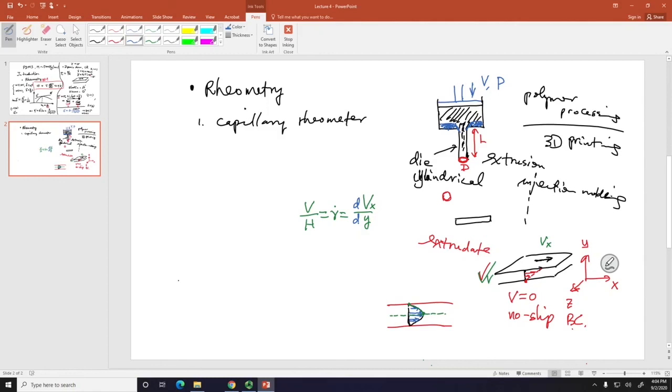No, I don't mean that. I just want you to think that there is a velocity gradient. Don't think too much. Obviously, simple shear is simple shear and capillary is capillary. I just want you to draw some analogy, some appreciation of where things are coming from.